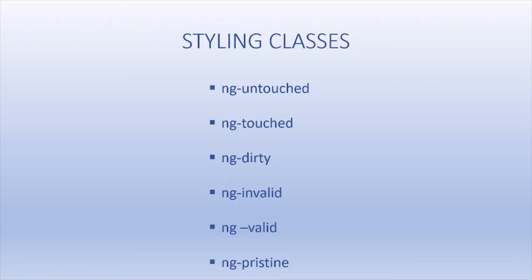That means this particular class would apply when the form is first loaded. ng-touched we know, ng-dirty we know, ng-invalid we know, ng-valid of course is obvious, and then ng-pristine. Okay, so pristine would mean that we have not touched the form again. So it's very similar to untouched.